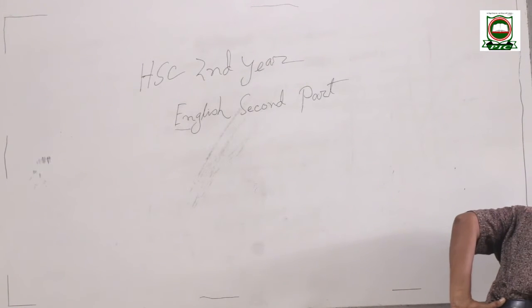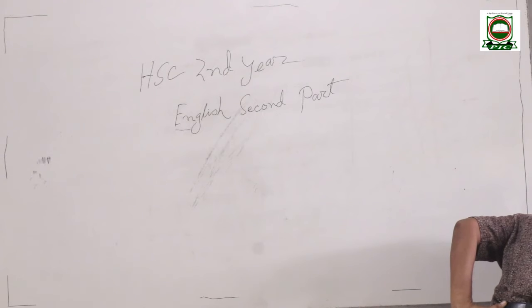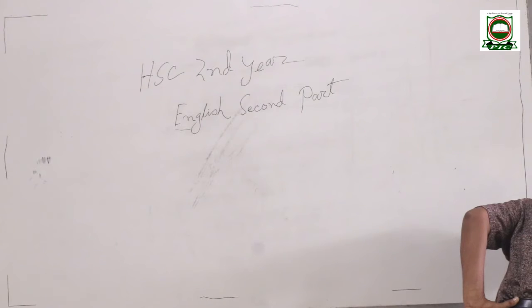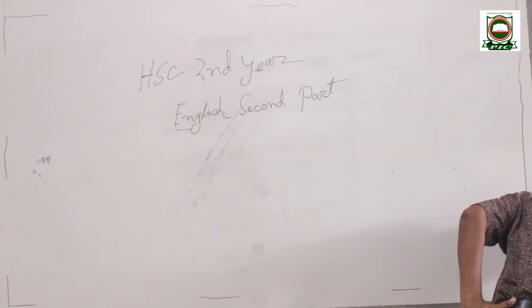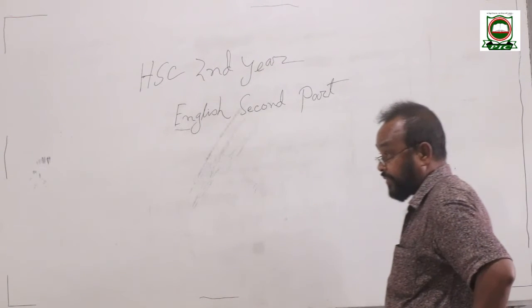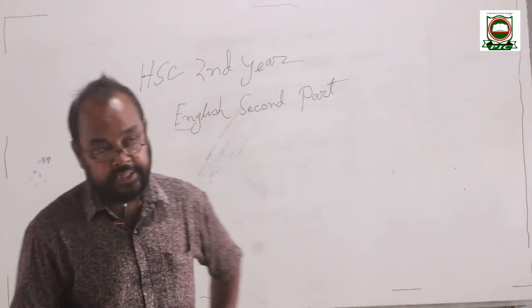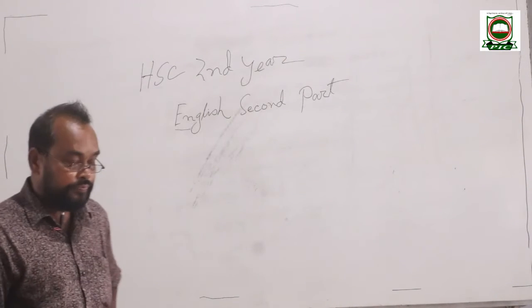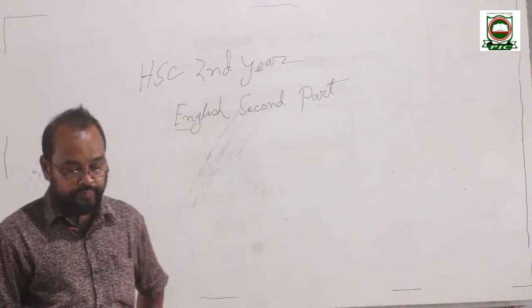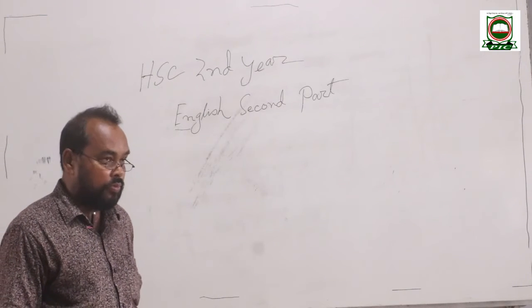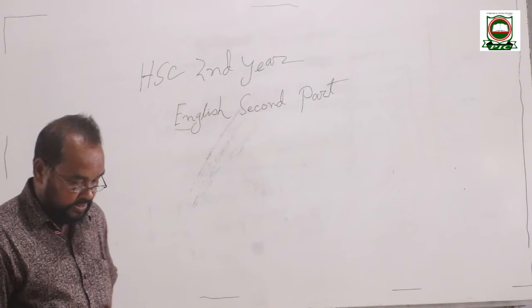If the sentence is started with a WH question, then according to tense, the auxiliary verb forms would go before the subject.